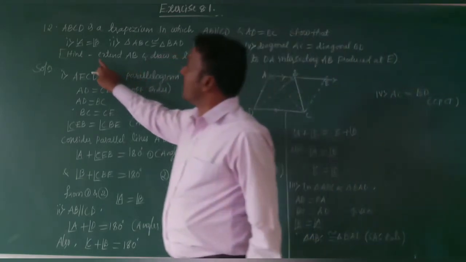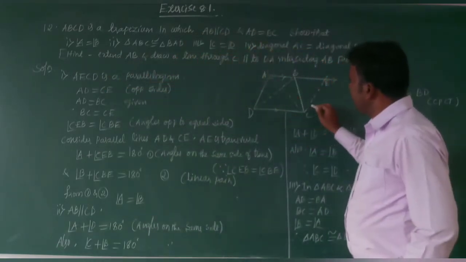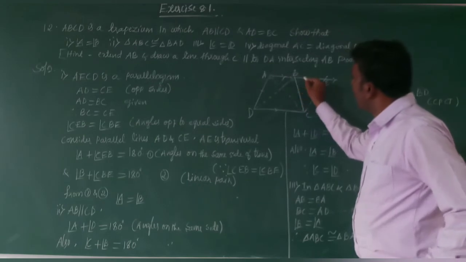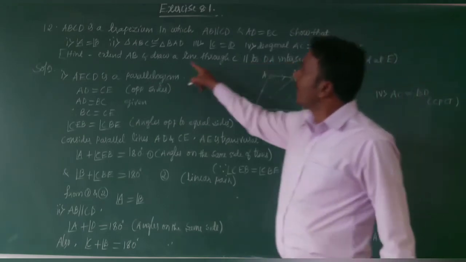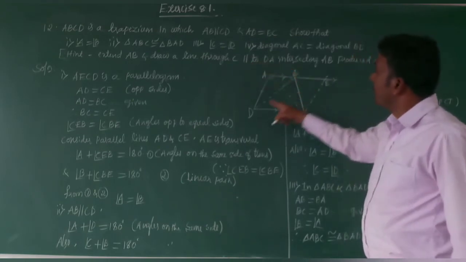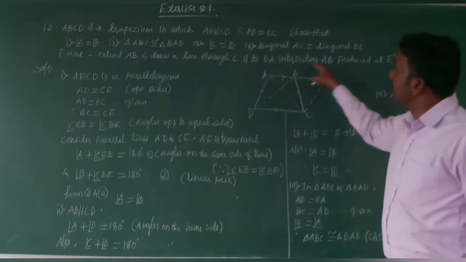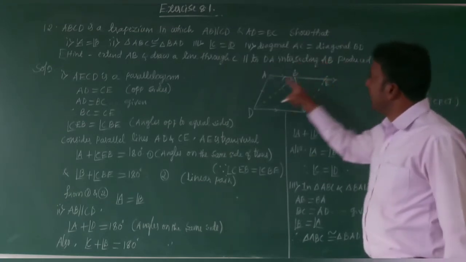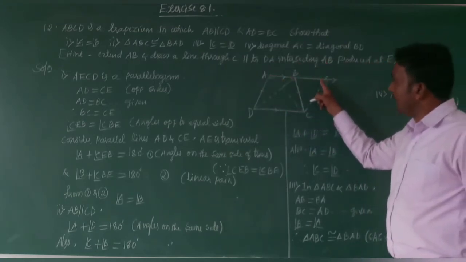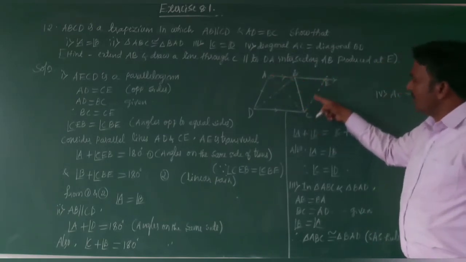In this given, extend AB and draw a line through C parallel to DA. This line is parallel to DA, intersecting AB produced at E. You have to extend AB up to E and draw this.